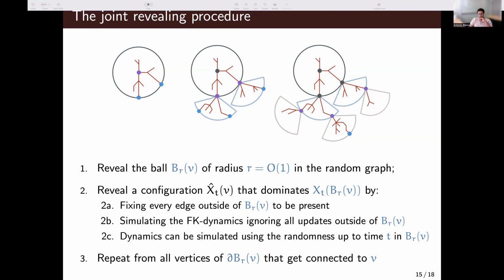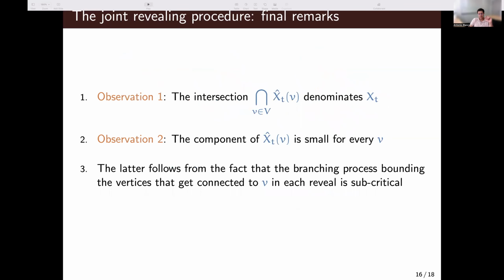So there are two key observations for understanding why this joint revealing procedure is useful. The first one is that if we do this in a coupled manner for all the vertices, like we do the revealing for all the vertices at the same time and coupled together, we can show that the intersection of the configuration of all these balls dominates the actual configuration of the chain.